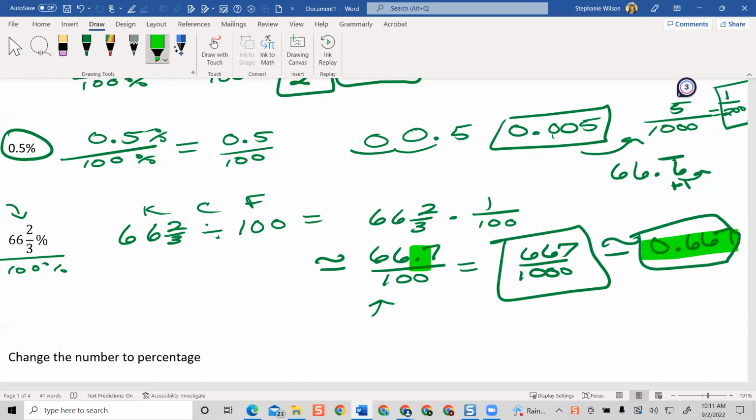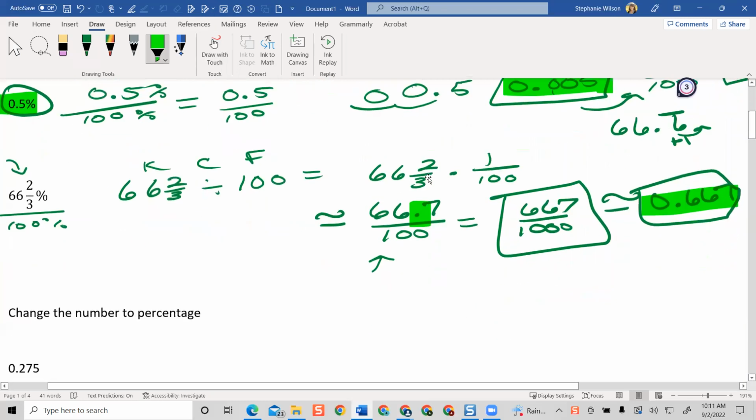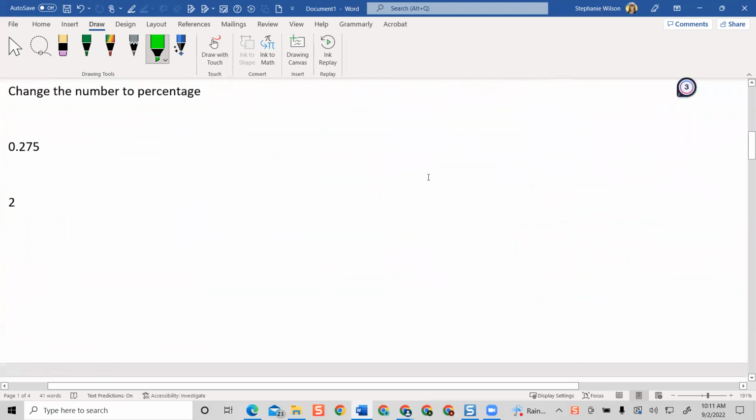So I tried to look at it 2 different ways. I'm not sure which way helps you the most, but if you ever have a percent in decimal form, I would undo the percentage by putting it in decimal form first, and then from there go to the fraction. The ones above it were easier to go to fractions than to decimals, okay? So whichever one's easier for you.